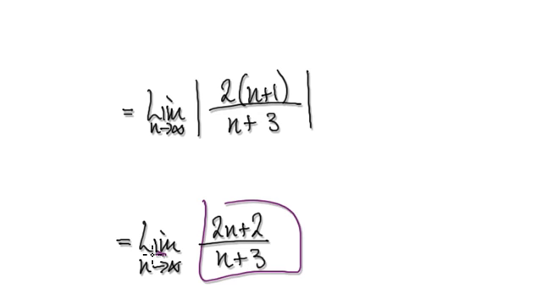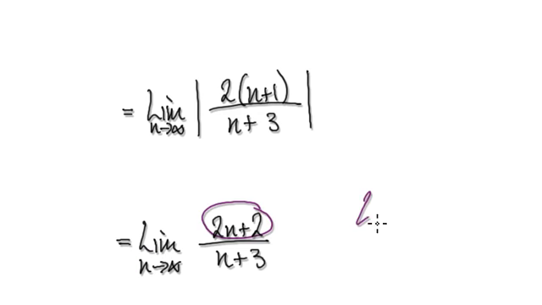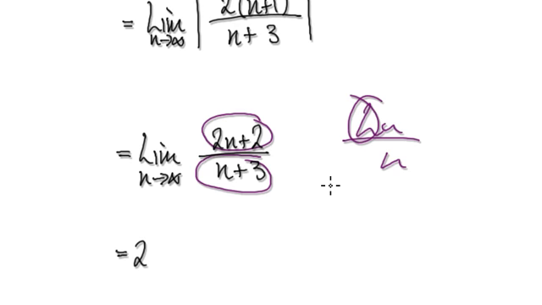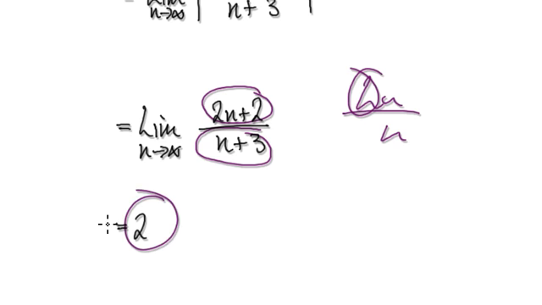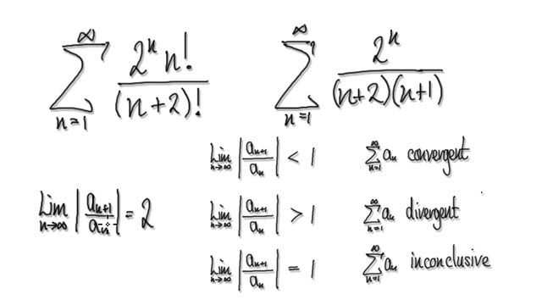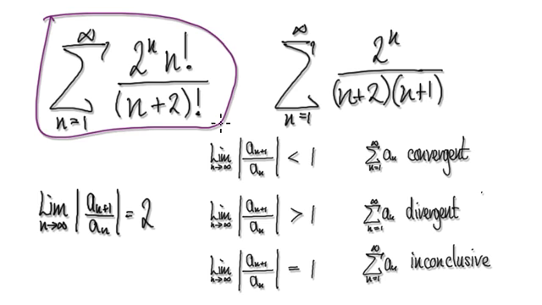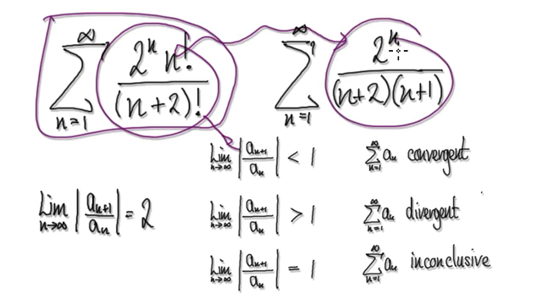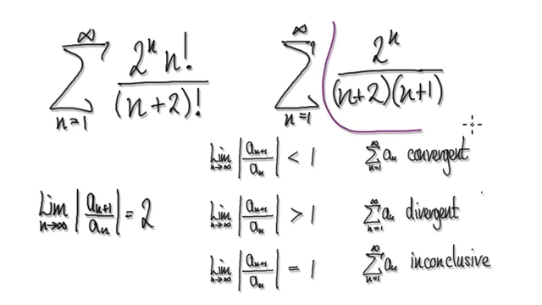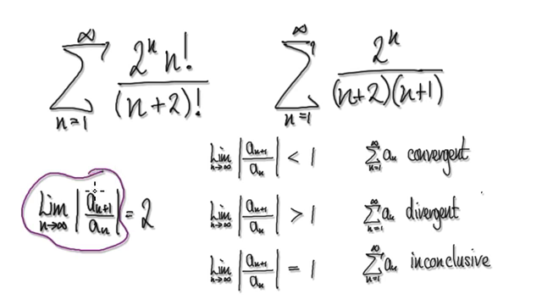By now you should be able to tell that as n heads towards infinity, the numerator will act as 2n and the denominator will act as n. So the limit is 2. Going back to the original question, rather than working with the original series, we performed the ratio test on this one, and it gave us the number 2.